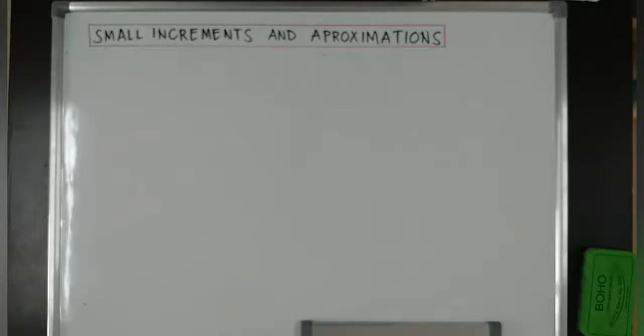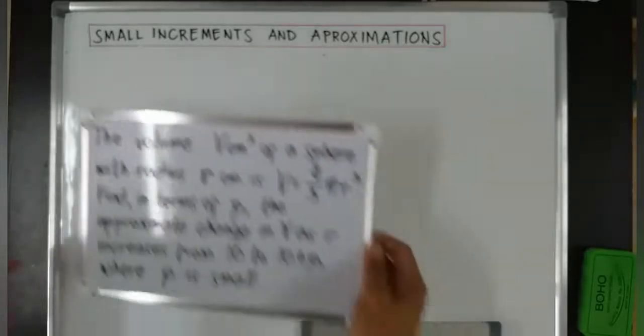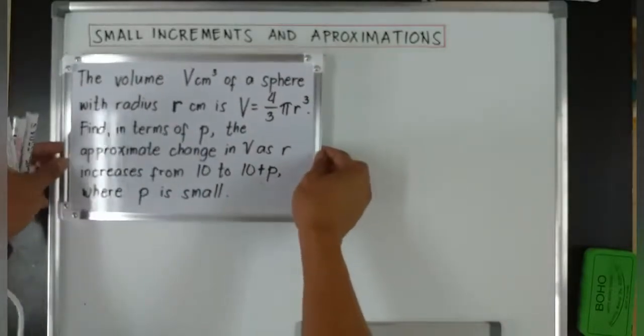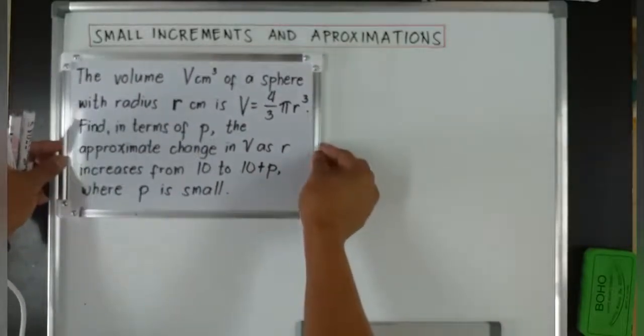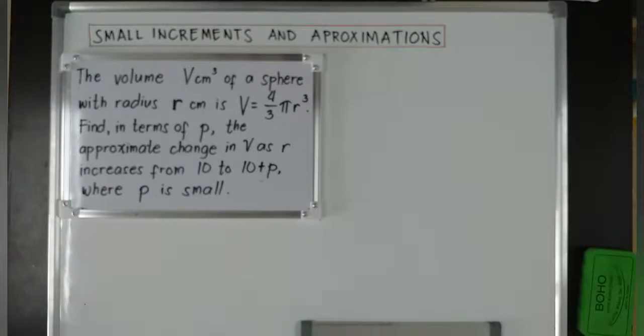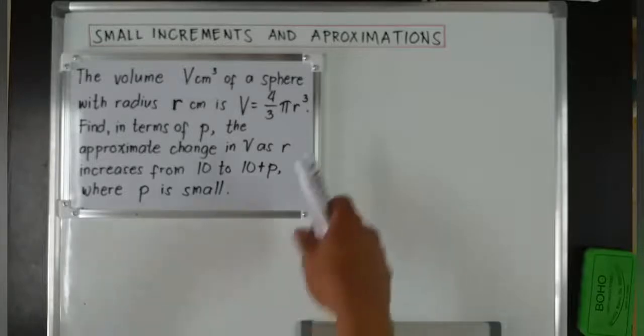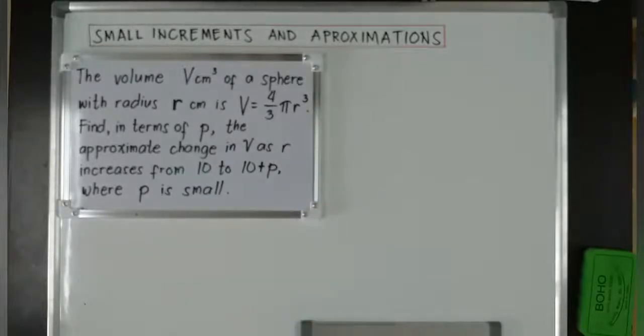Now let's move to another example. Let's try to see what are the applications that are related to this lesson. Example: the volume V centimeter cube of a sphere with radius r is basically the volume.